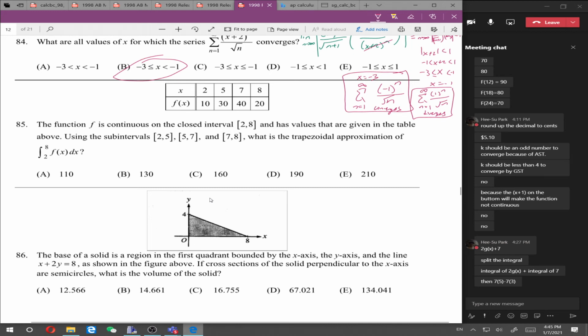Okay, so Andrew, if I want a trapezoidal approximation of our integral from 2 to 8 using the intervals in the table, what would our area have to be equal to?